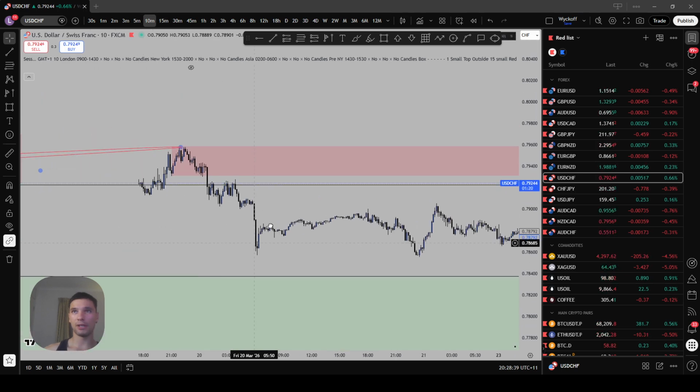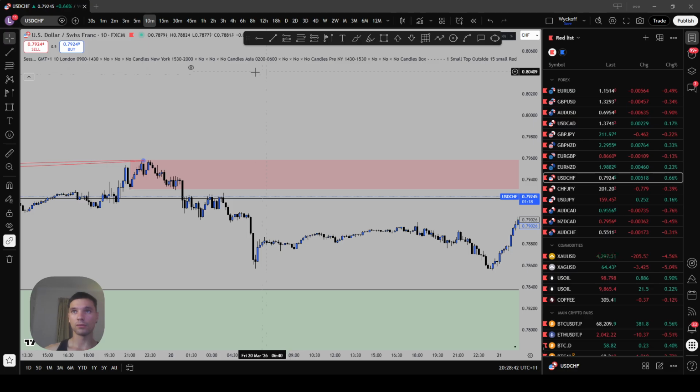We might even have overlapping structure there. This obviously got mitigated.